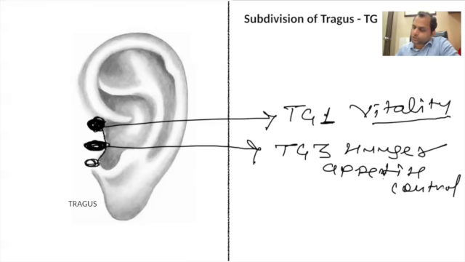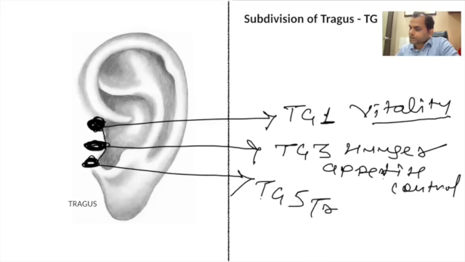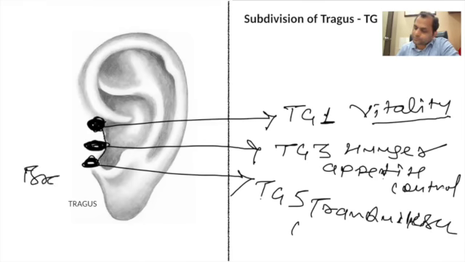And the lowermost point is tragus 5. It's a tranquilizer point. So this is connected with the brain. The center point is connected with the stomach. The upper point is connected with the kidney.